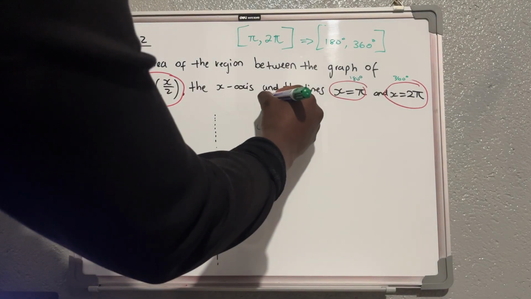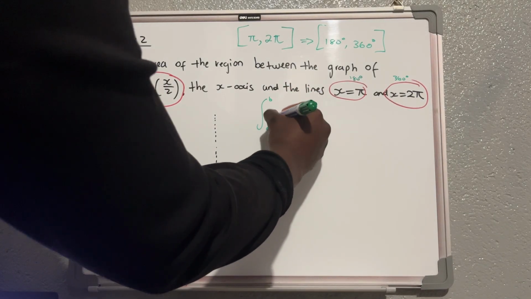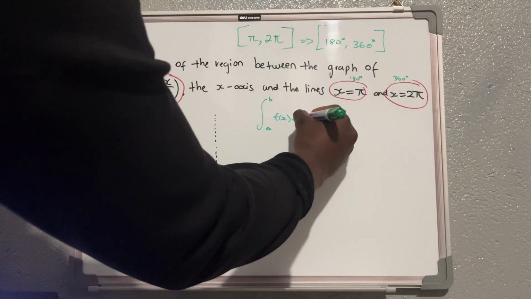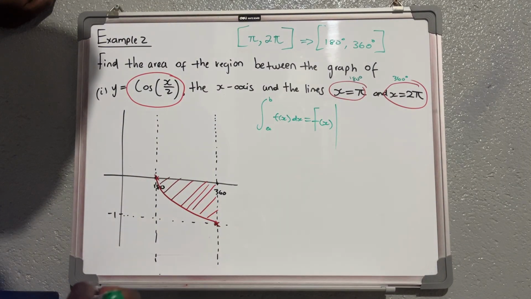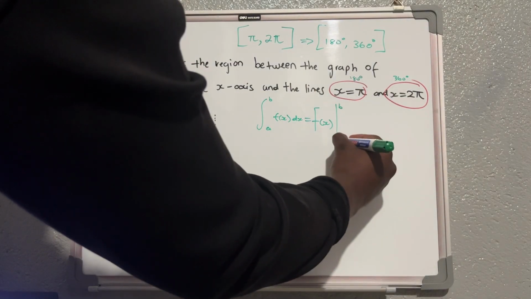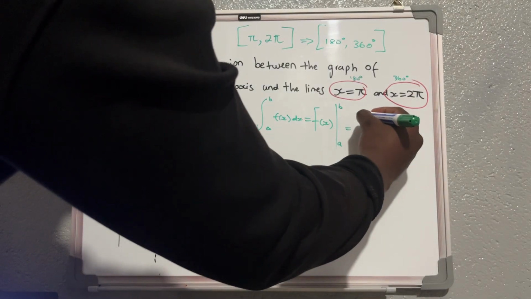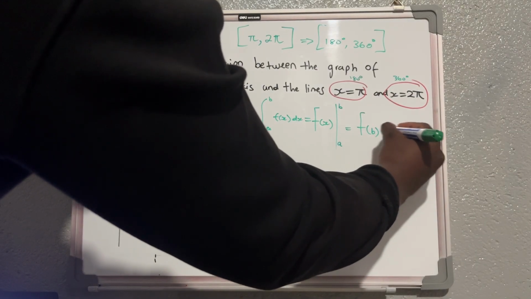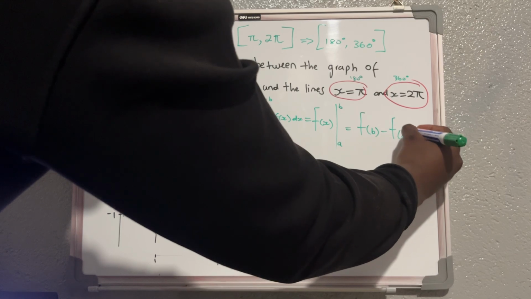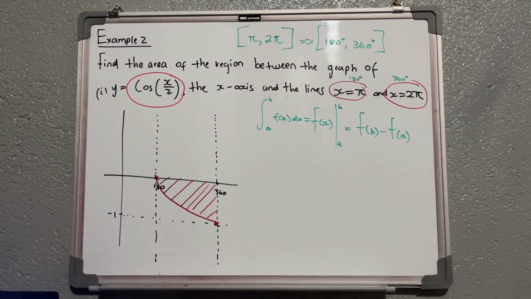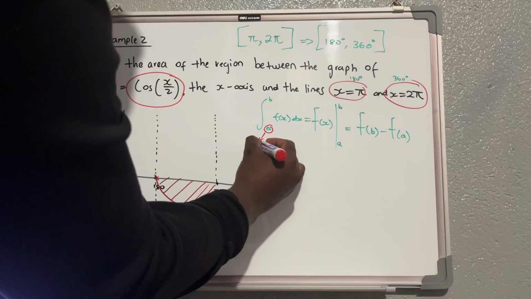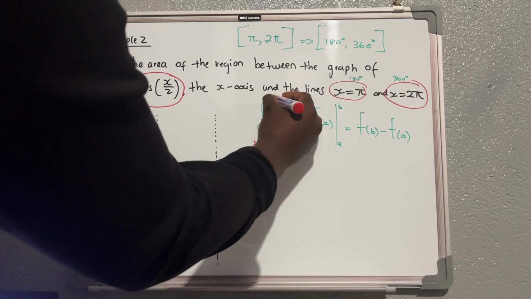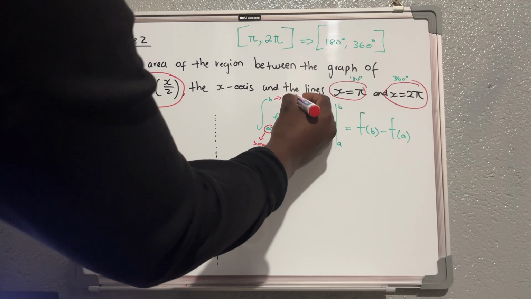If we have the integral from A to B of f of x dx, this is the same as F of x, evaluated in between the region A and B. So this is the same as having the difference between your B minus your A. So in this instance, our A is always the smallest number. Our A will be the smaller number, then our B will be the bigger number.